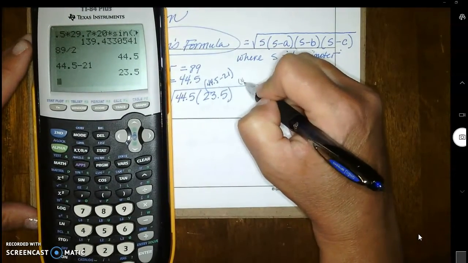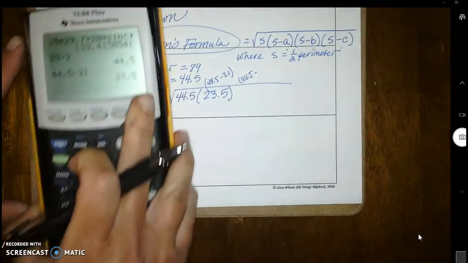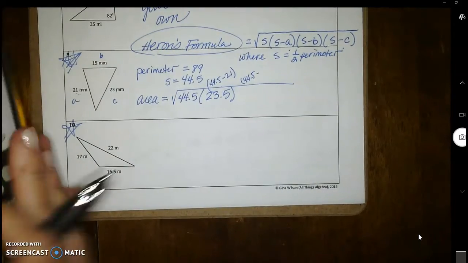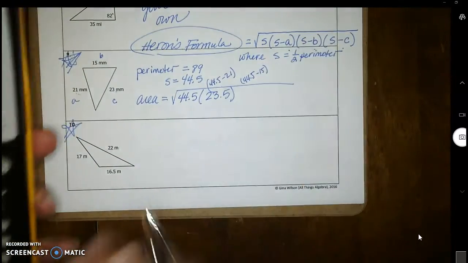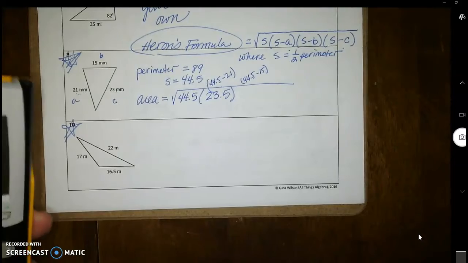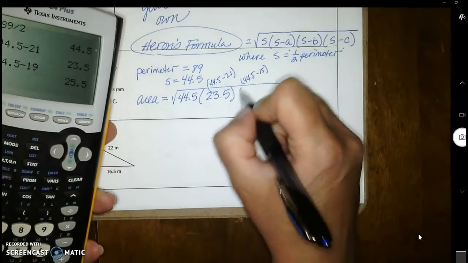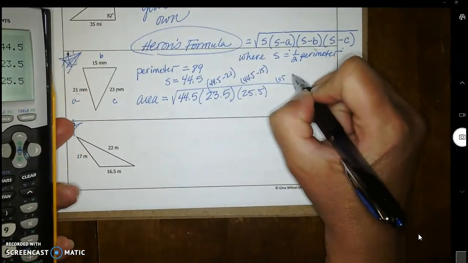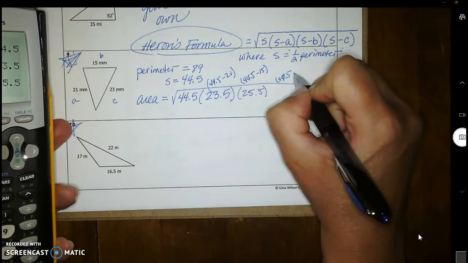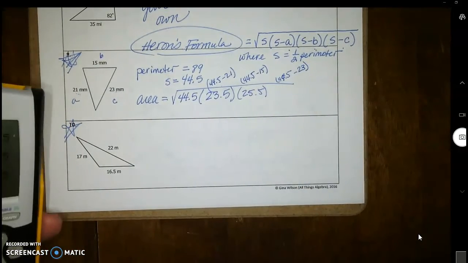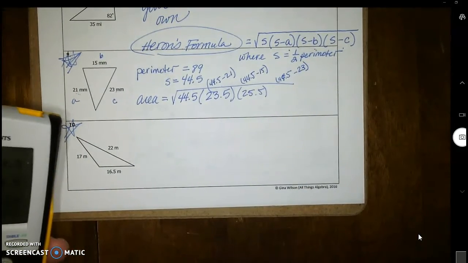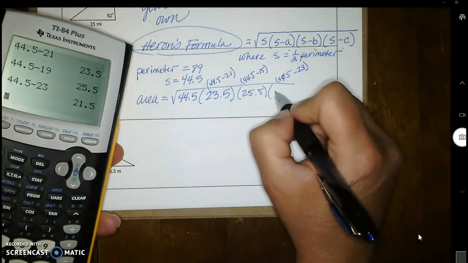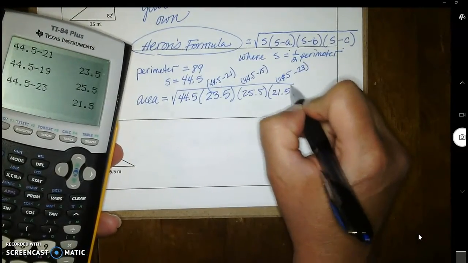We're going to do 44.5 minus 15, which is 29.5. And then we're going to do 44.5 minus 23, which is 21.5.